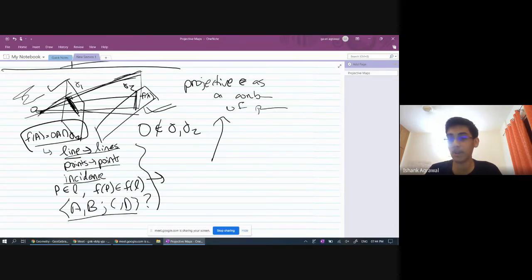I'll give another example: rotations. Rotations also preserve this. Lines remain lines, points remain points. If a point lies on a line, then this is true. And since all distances are preserved, this is obviously true. Everybody understands why a rotation would be an example of these things, right? Dilation, that's the same thing as homothety.